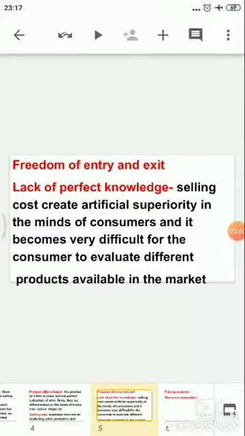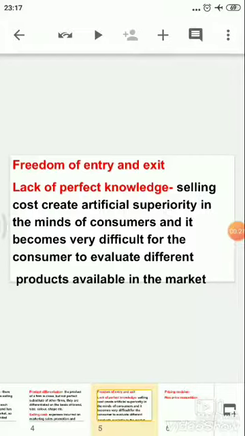That means that the buyers and sellers do not have perfect knowledge about the market condition. Selling cost means advertisements and sales promotion techniques; they create artificial superiority about the product in the minds of the consumers. The consumers get confused about which product is better and which is not.